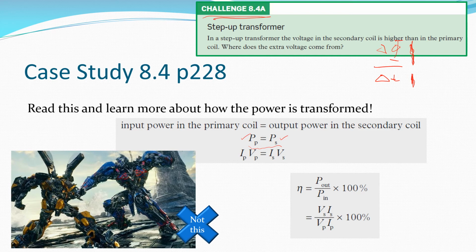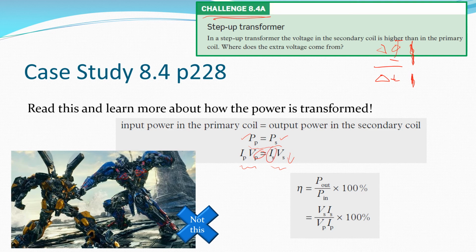So if we learned earlier back in Unit 2 that P equals IV, so the current times the voltage in the primary coil must be the current times the voltage in the secondary coil. So if that voltage goes down, something else has got to change to make up for it, to keep it all equal.